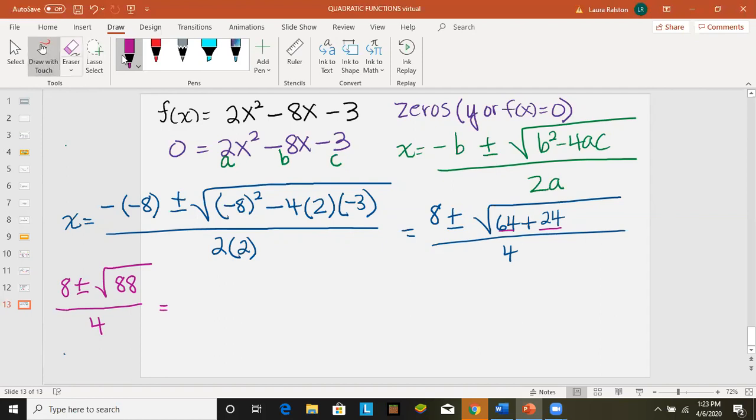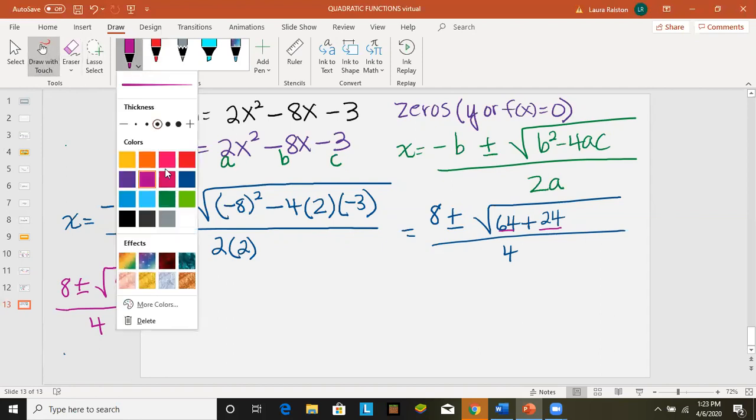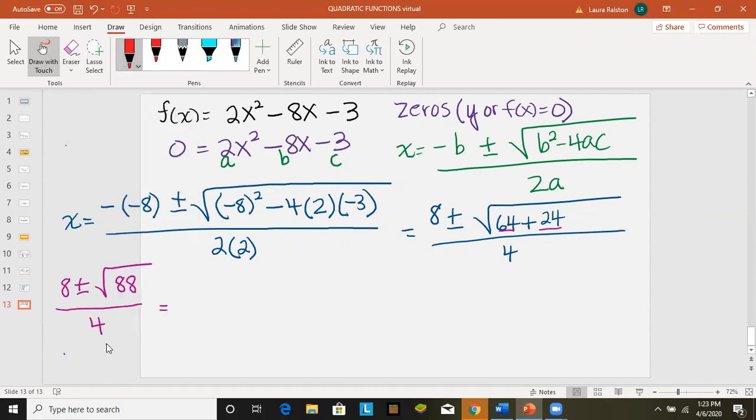Then you need to simplify the radical. You really have 2 simplifications to do here, guys, because you have a radical and you also have a fraction. So I'm going to deal with the radical first. 88 would be, let's see, 4 times 22.